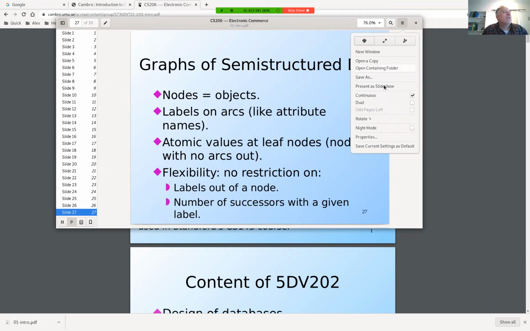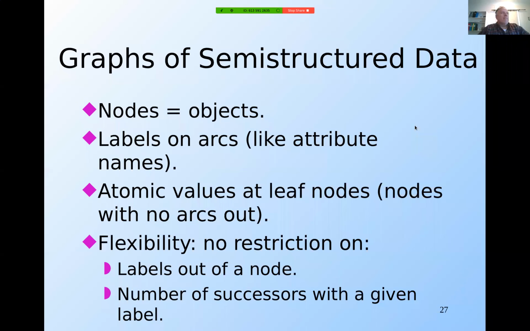There we are. Okay, so let's think about it the following way. Everybody knows what a graph is, right? A graph G equals V, E, so G equals vertices and edges.